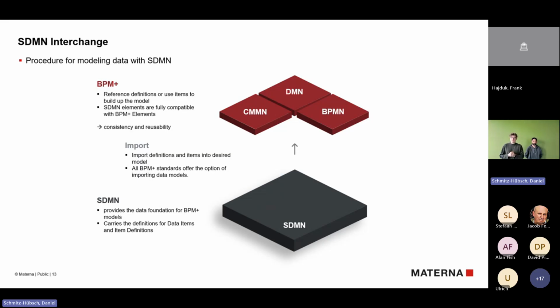All of the BPM Plus standards offer an option where we can import data models or other models into our own model. And then inside the BPM Plus model, for example, DMN, we can just reference the definitions or use the items to build up our model. Luckily, as I said before, SDMN elements are fully compatible with the BPM Plus elements, so we have consistency and reusability across this whole stack.